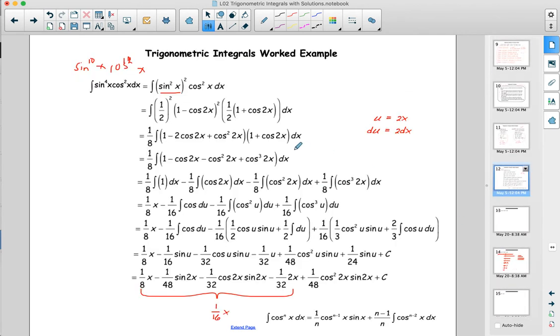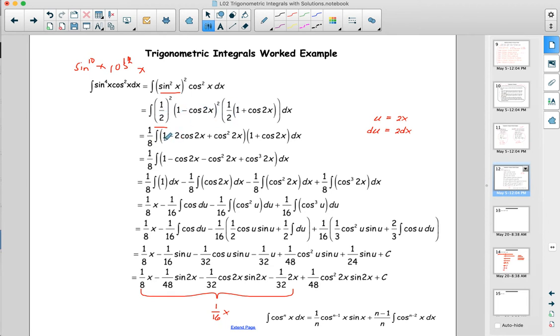So coming back over here, I have replaced sine squared x with 1 minus cos 2x all over 2, but I chose to square them in separate pieces. Square the 1/2, 1 minus cos 2x all squared. I'm now going to replace the cos squared of x with 1/2 times 1 plus cos 2x. Squaring 1/2, we get a quarter, times this 1/2, I get an eighth.